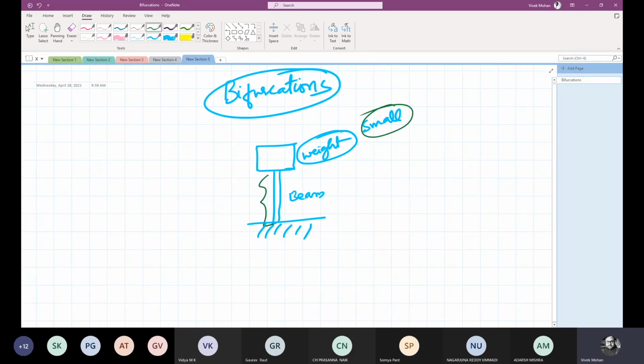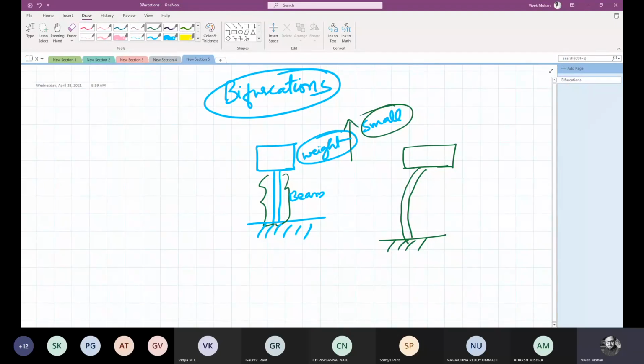Now, if I increase the weight, the beam may not be able to support the load and it may not remain vertical like this. Sometimes it may bend. So it will look like this when the load is too heavy. So the vertical position becomes unstable and the beam may buckle.